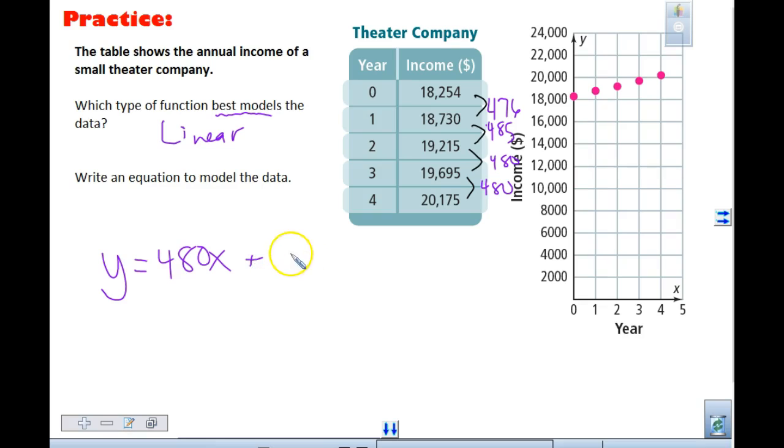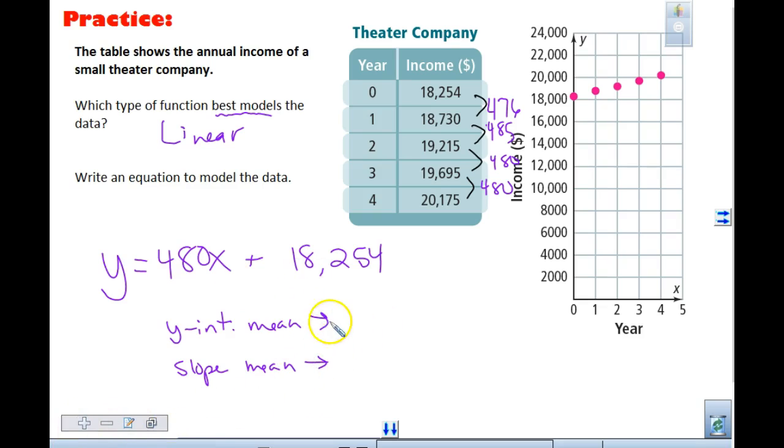Plus, what's our y-intercept? 18,254. What I want you to write down is what does the y-intercept in this situation mean? And what does the slope in this situation mean, that slope of 480? So, please talk to me. It means how much money they set it up with.